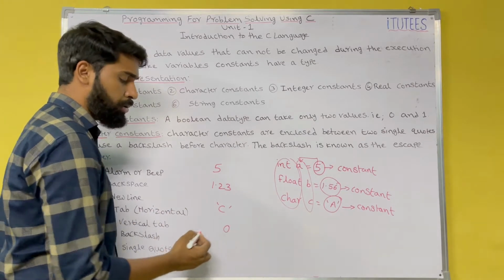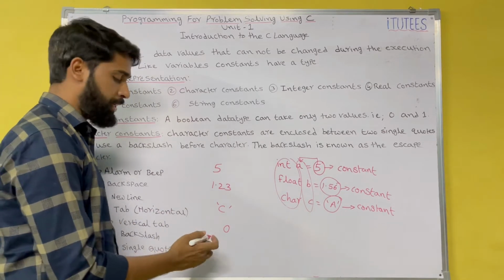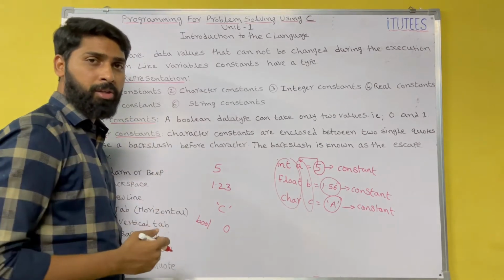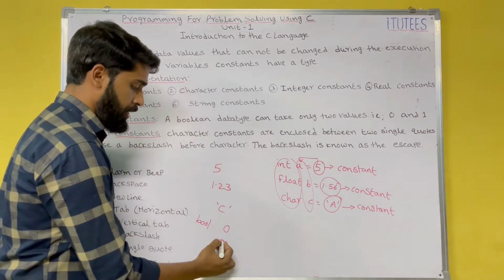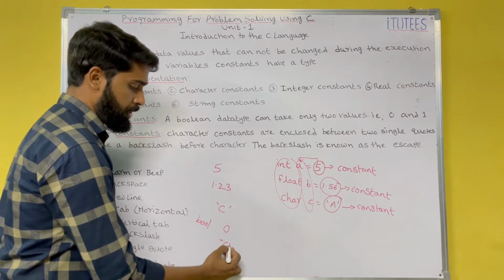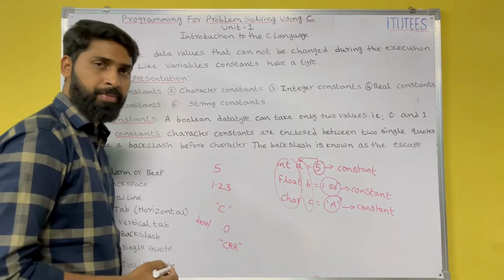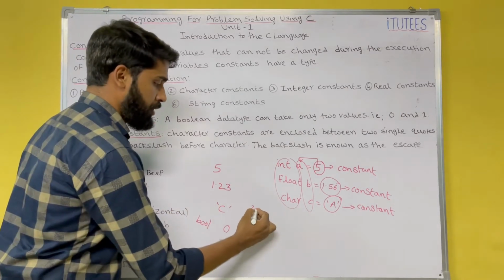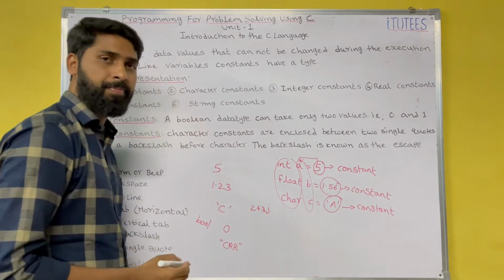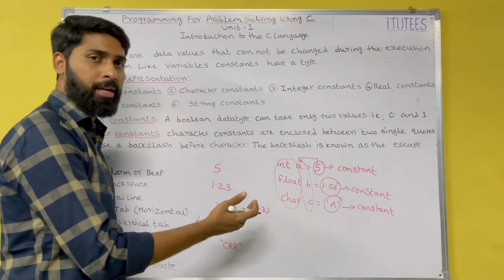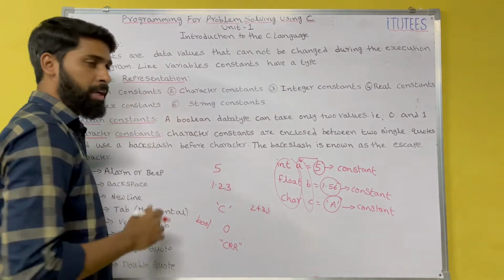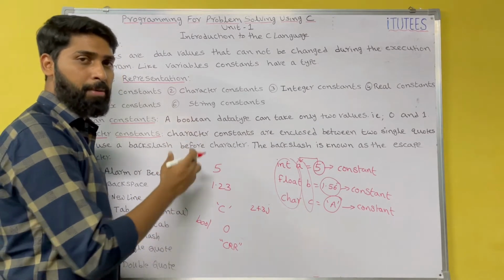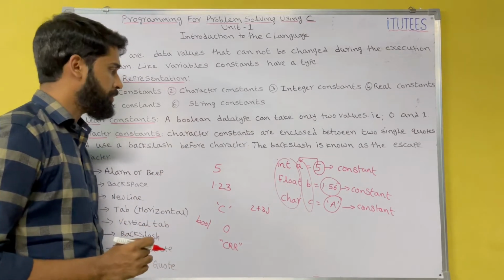For example, 0: if the data type is bool, then it is a Boolean constant. And in double quotation, if I give CRR, then it is a string constant. If I give 2 plus 3j, the imaginary and real part, it is a complex constant. By seeing this, you can identify the type of the constant.